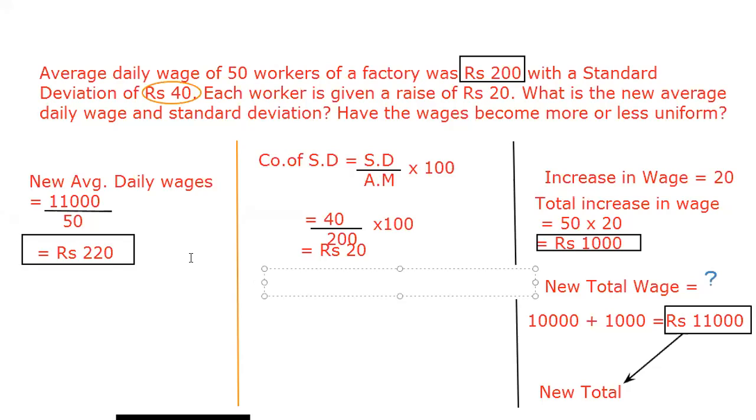That is 220. So the coefficient of SD for the new arithmetic mean is equal to what? 40 divided by 220 into 100.